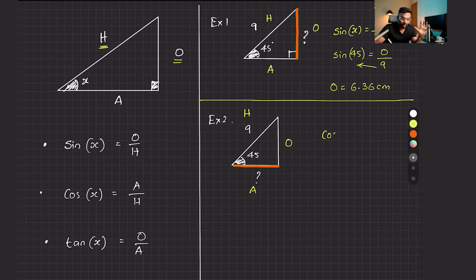So we will do cos of X equals A by H. So cos of 45 equals A, divided by H, which is 9. You cross multiply and you will get the value. So A here is 6.36 centimeter as well.